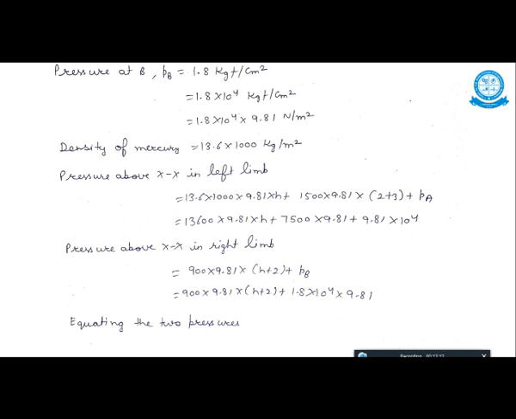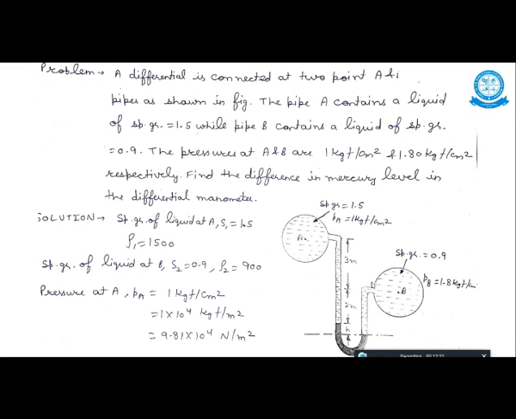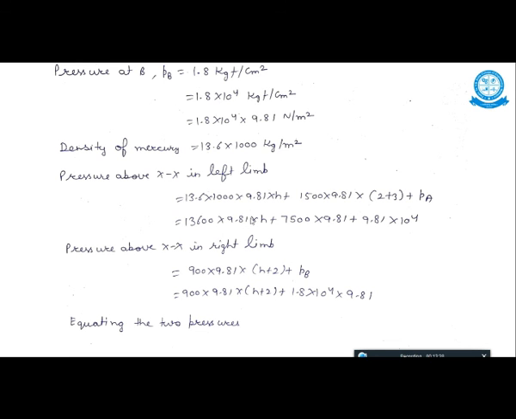Now the pressure above the datum line XX in the left limb. We have to again apply the equations here for the pressure in the left limb. Now see, there are two types of liquid here. So 13.6 into 1000, that is for mercury, into 9.81, that is g, into h. h we have to find out here.